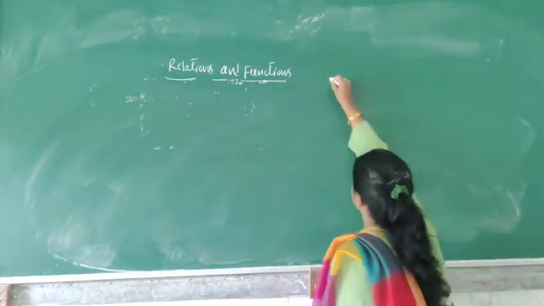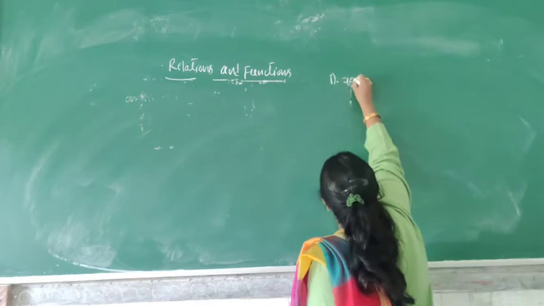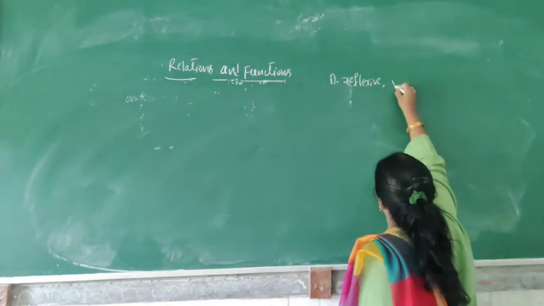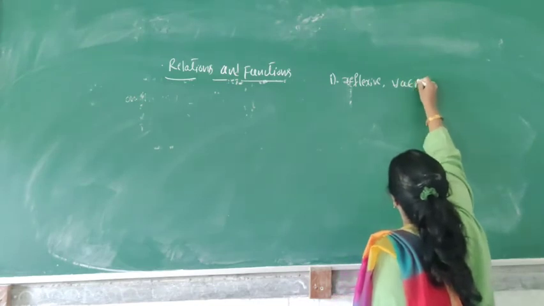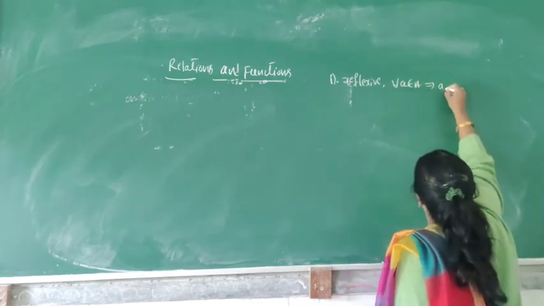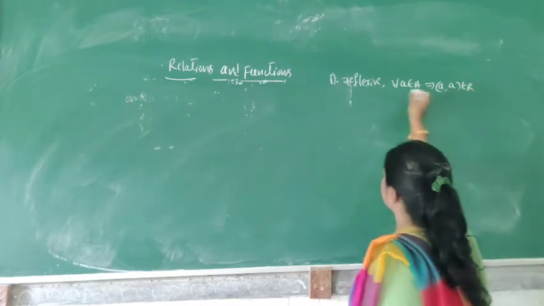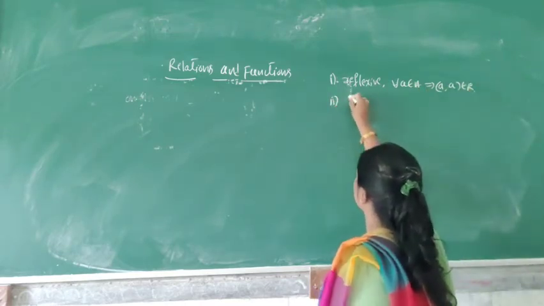So what is reflexive? We should recall it, writing again and again. For all a belongs to A, (a, a) belongs to R. This one is reflexive.